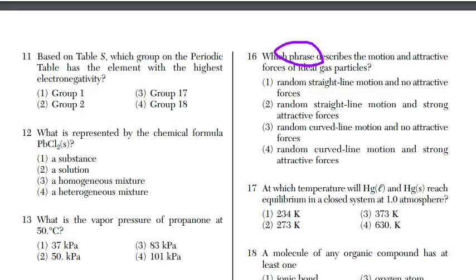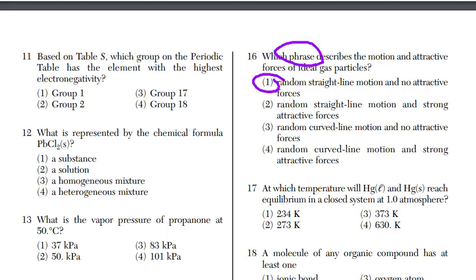One is they have no attractive forces. Another is we're ignoring the volume those gas particles take up. They are facts that are associated with ideal gas particles. No real gases are always ideal. The best conditions for any real gas to behave as an ideal gas, this is another thing to memorize, is under high temperature and low pressure. So with question 16, the answer here was choice 1.